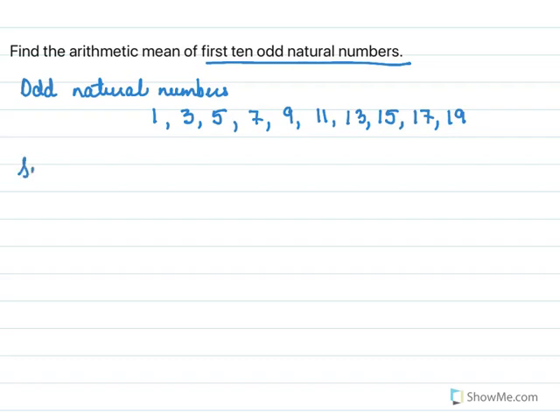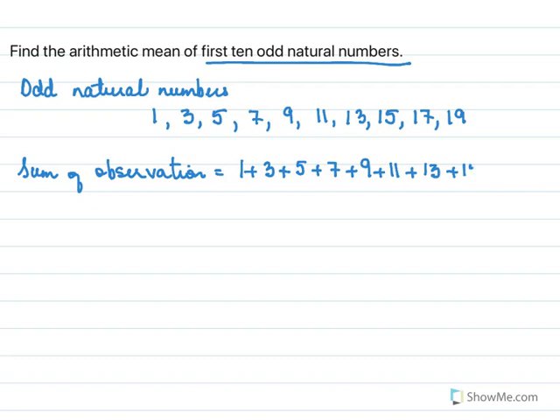We need to find the sum of observations, which is equal to 1 plus 3 plus 5 plus 7 plus 9 plus 11, 13, 15, 17, 19, which is equal to 100.